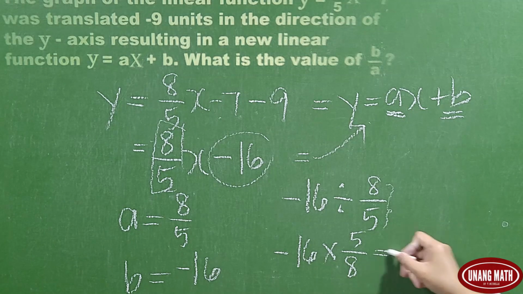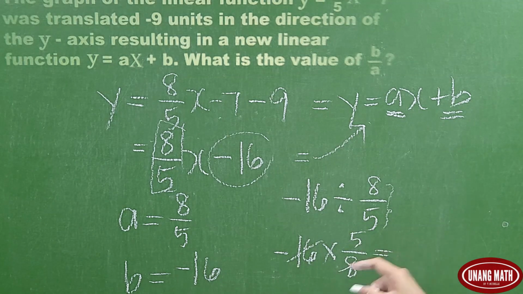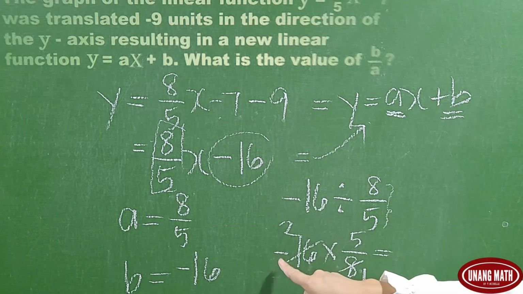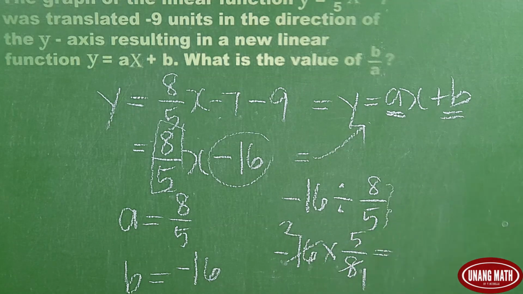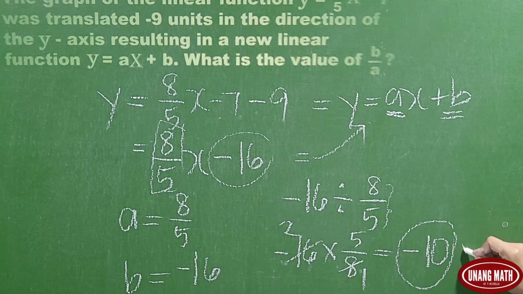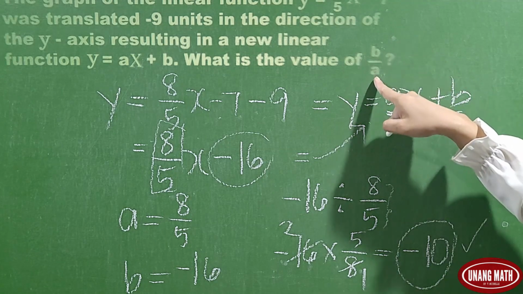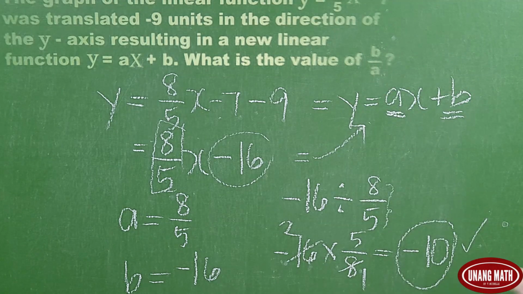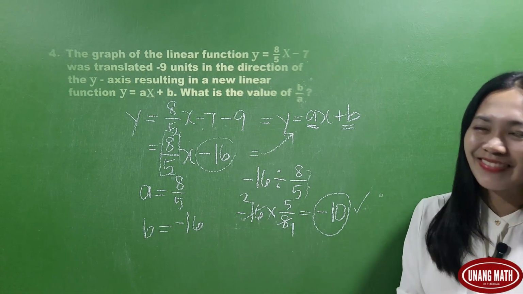Before multiplying, we can simplify: 16 and 8, common factor is 8. So this becomes 1 and this becomes 2. We now have -2 times 5, which is -10. So the value of b over a is -10.